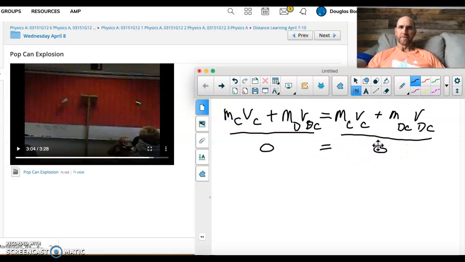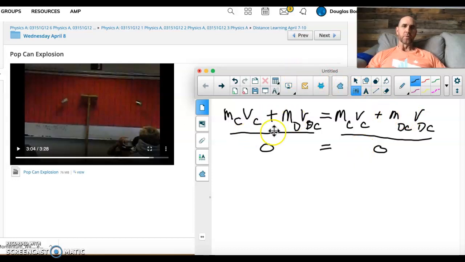And how is that physically going to be possible if both the Coke can and the Diet Coke can are flying through the air really fast? How is it possible that they could end up with 0 units of momentum? And the answer is you just have to designate direction. One direction is positive, one direction is negative, so that one of these terms over here will be positive and one of them will be negative.